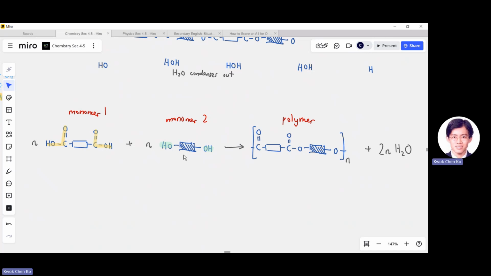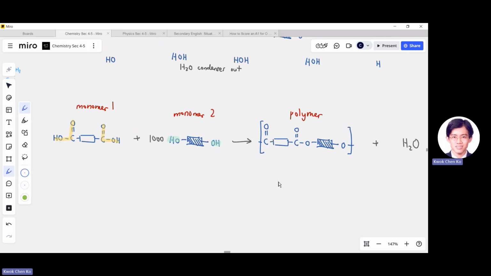Oh, but of course, there are also times they give you the exact number. That means it's not N anymore. They'll tell you 1,000 of the molecules, monomer 1 and monomer 2.